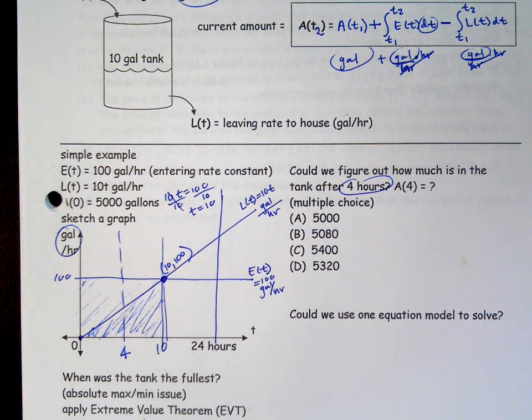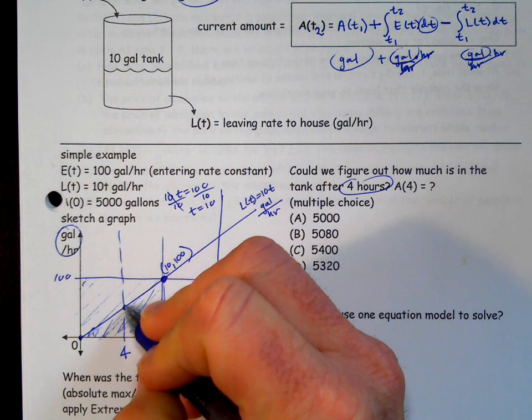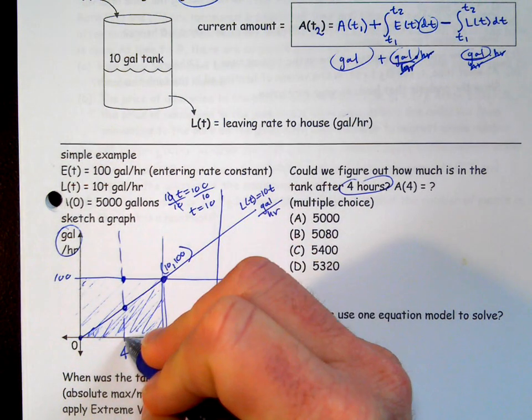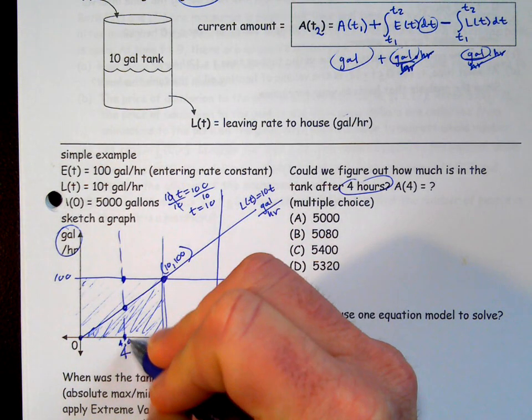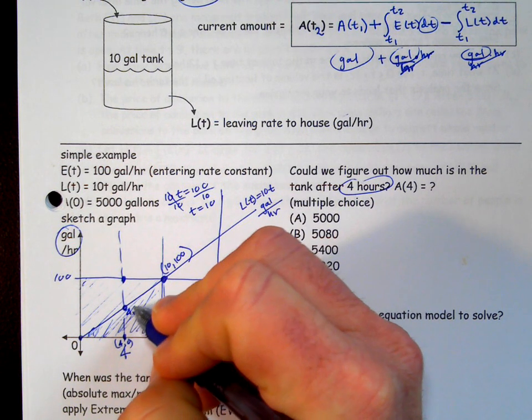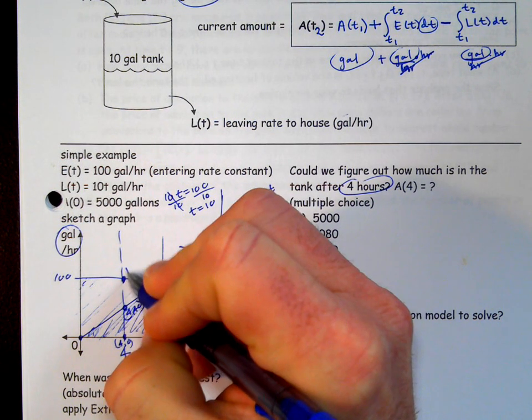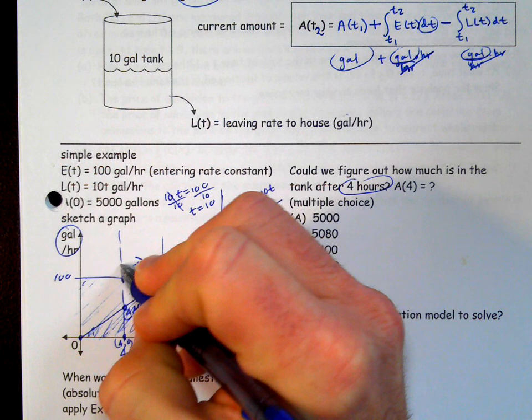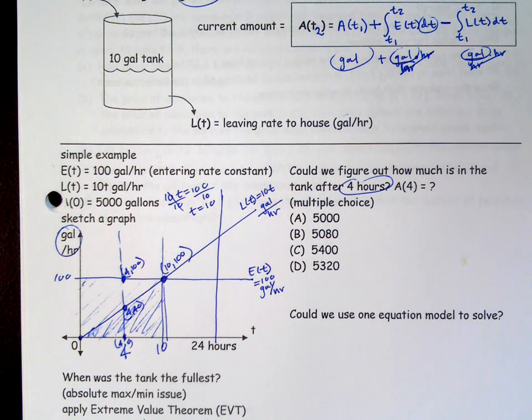And so what we could do, so what are these coordinates of these points? This is 0. This is 40. This is 100. Those values might help us find some things.